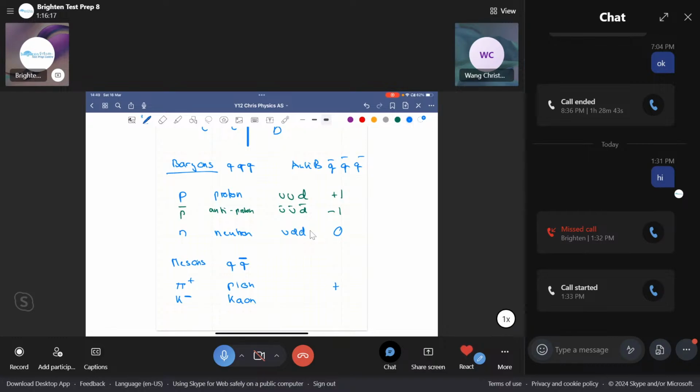Plus one, because we deal with plus one and zero, at least in most cases. And hence, what is the kaon there for, the K minus? Minus one. Minus one. Now, in order to come up with that charge, and we know it has to be a quark and an anti-quark, there are certain combinations possible, but which one is it?